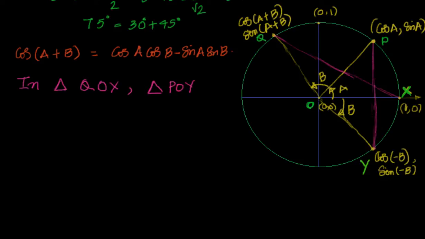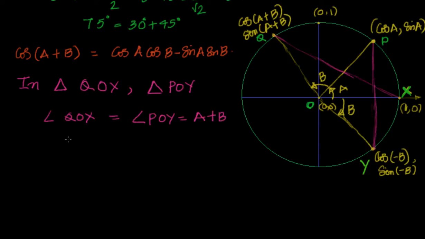QO equal to PO because radius equal to 1, and OX equal to OY, because radius. So we know that these two triangles are similar because the angle QOX equal to angle POY in these triangles. Angle QOX is equal to angle POY is equal to A plus B. You know that.